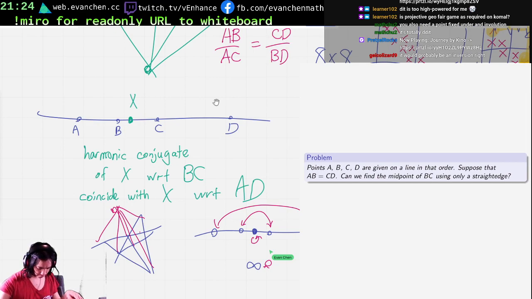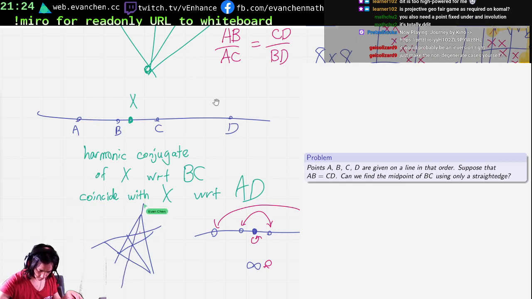So what are the degenerate cases of DIT? If I want this to work, the red guy here actually needs to be on, like, on here or something.